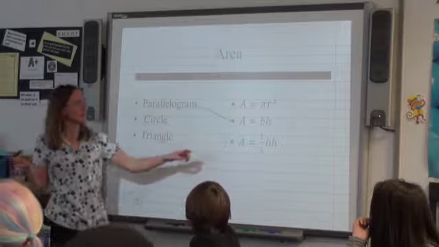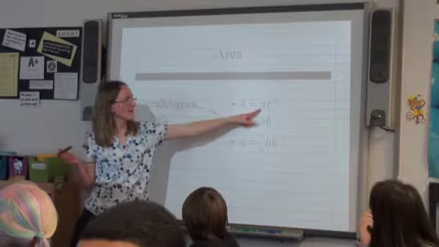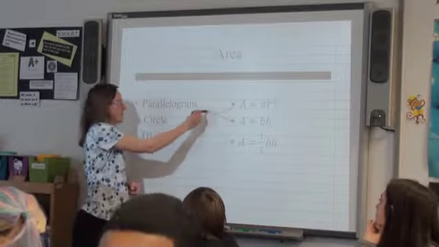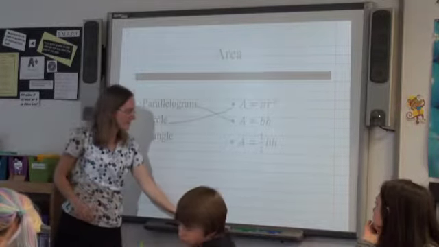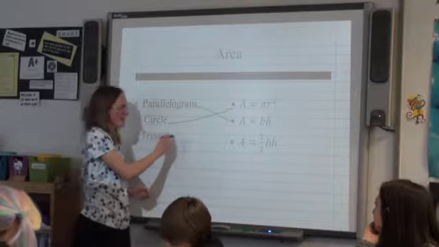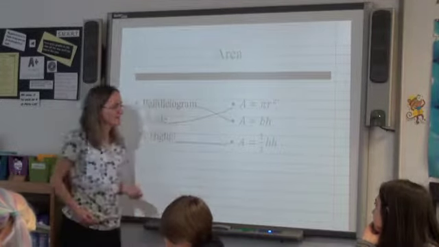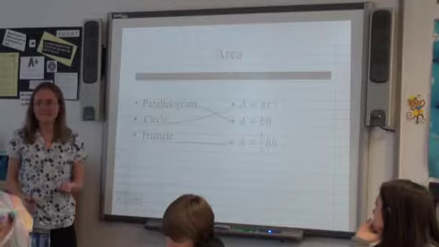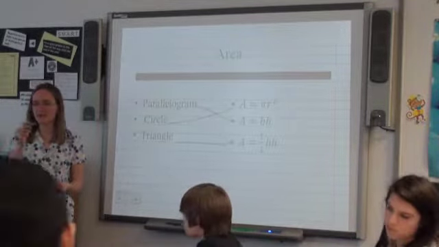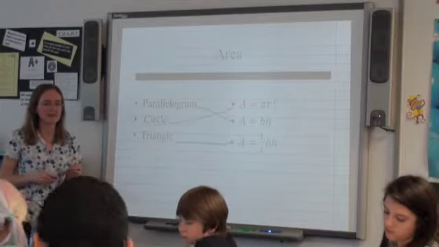Which one's the area of a circle? A equals pi r squared. Alright, and last one. The triangle. Half of the base times the height. Alright, so on your sheet you should have those formulas written out, because we'll use them again today.